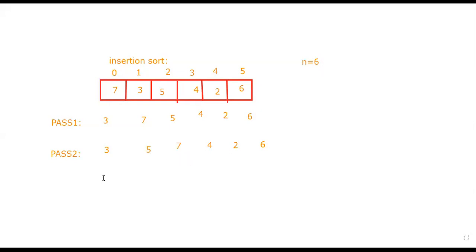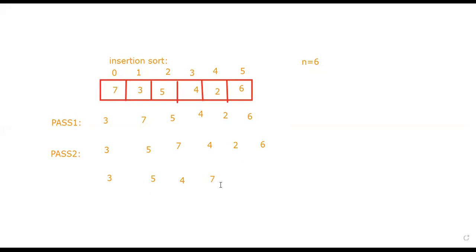Directly I'm going. So 3 5 7 4 2 6. 3 is in order, 5 is in order. Now compare 4 with 7, that is 7 4. So 7 4 is not in order. So 5 is 5, 4 is 4, 7 is 7.